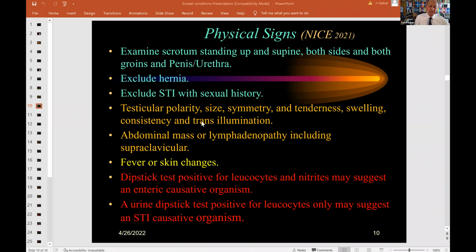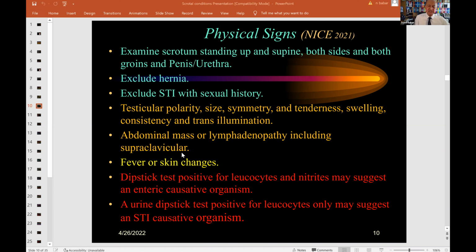One would need to examine for abdominal masses or lymphadenopathy, including the supraclavicular lymph nodes. There may be fever or skin changes of the scrotum.